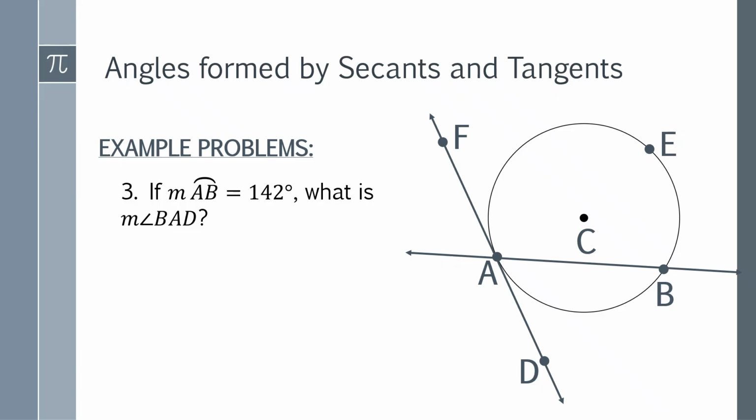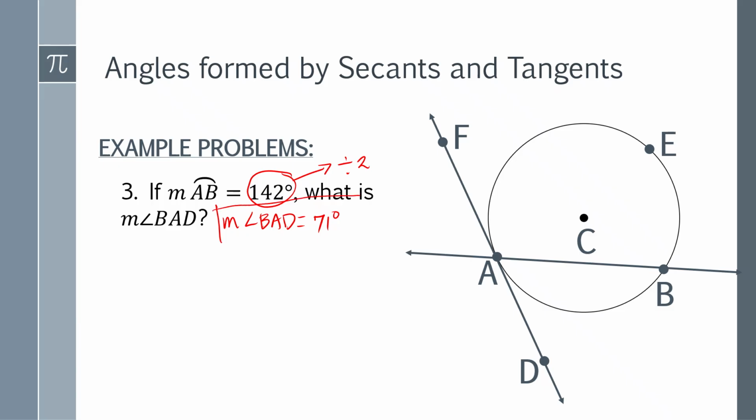If there is a given measure of the arc and you are asked to find the measure of angle BAD, instead of multiplying, you have to divide this by 2. Therefore, the measure of angle BAD is equal to 142 divided by 2, which is 71 degrees.